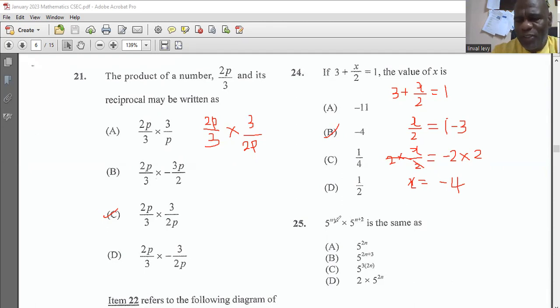You simply add the powers, so keep the base. You keep the base, add the powers. So n plus n would be 2n, and 1 plus 2 is 3. So our answer would be B. Right, so the answer is B.